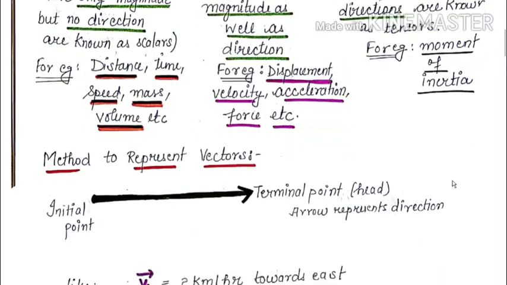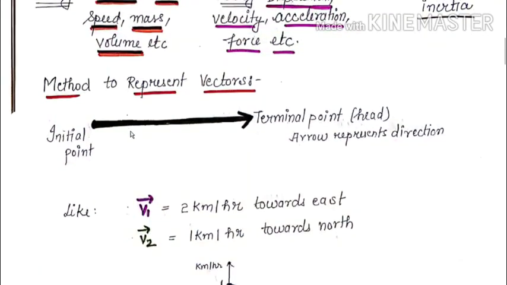Now, a method to represent vectors is a simple arrow. Here is the initial point, the terminal point, and the head; the arrow represents the direction. That is why we are representing v1 with this arrow. This arrow is representing a direction. That means it is a vector quantity having both magnitude, 2 km per hour, and direction, towards east. That is why it is termed a vector quantity.